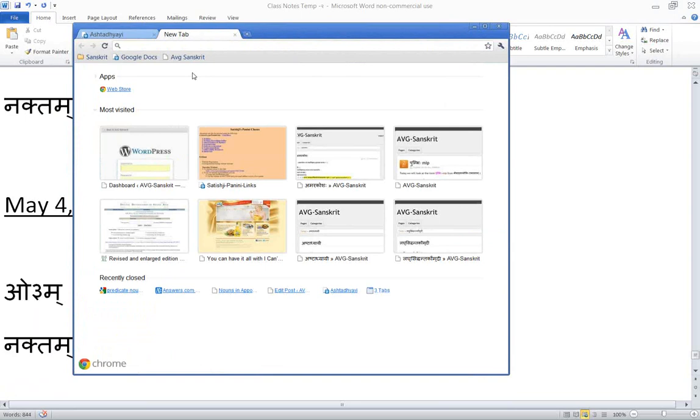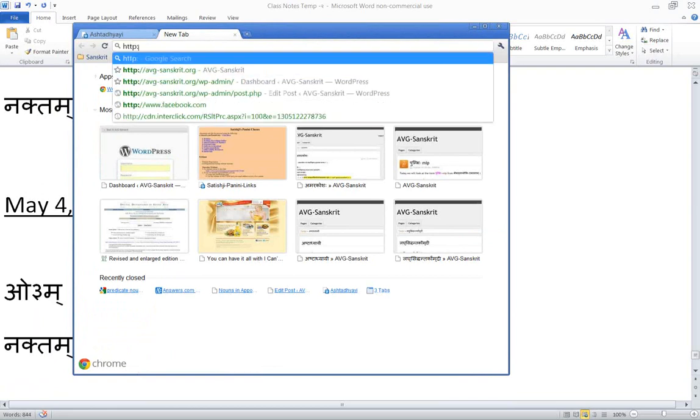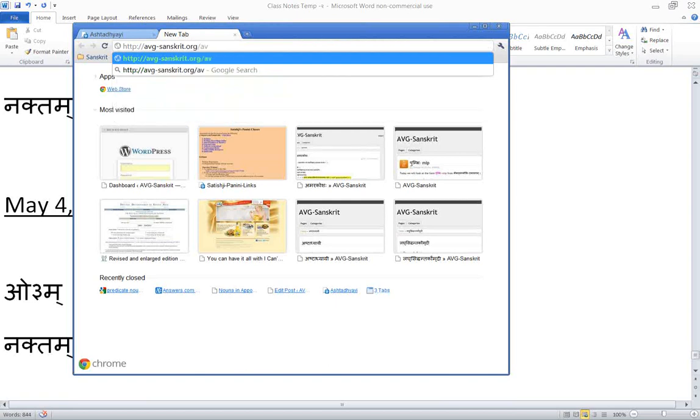Let me tell you what to type: http://avg-sanskrit.org/avg upload/sutras, and the number that you want.